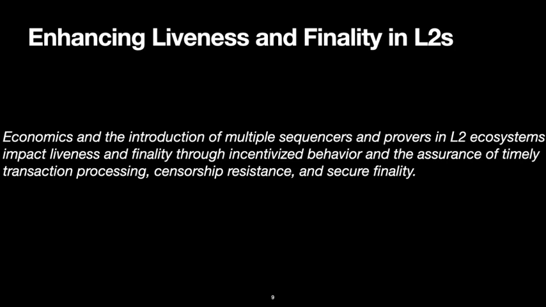The other interesting aspect is that we know, regardless of redundancy, regardless of decentralization, you can never guarantee 100% uptime. That is a real problem for L1s. But for L2s, you can also never really guarantee 100% uptime.